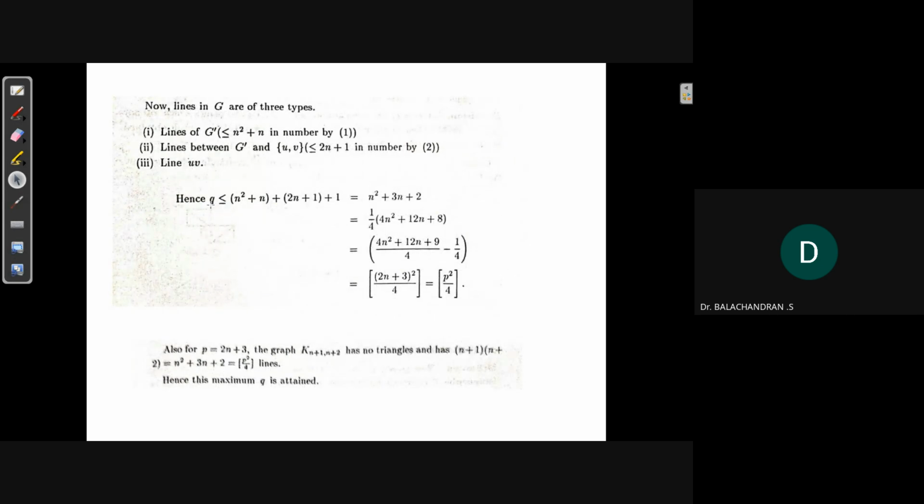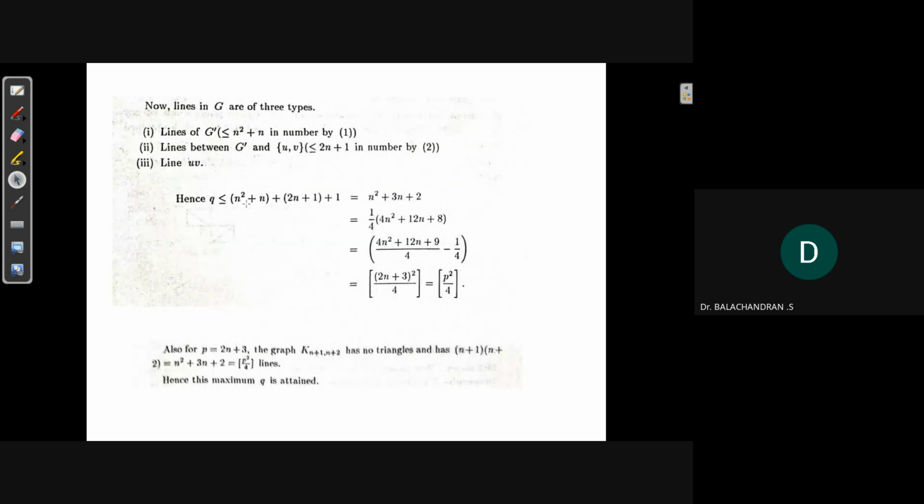So the maximum number of edges in G is p square by 4. That is actually what we need to prove. For the odd case we proved it, but here they are going to give the example of which graph attains the maximum number of edges.